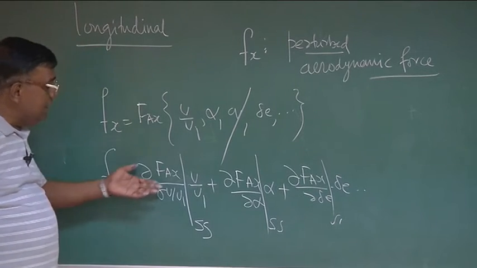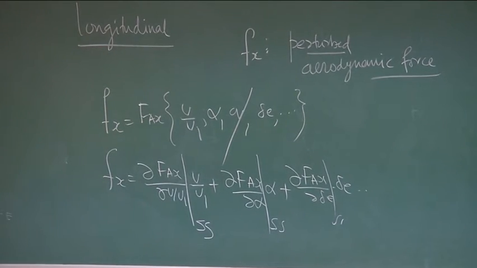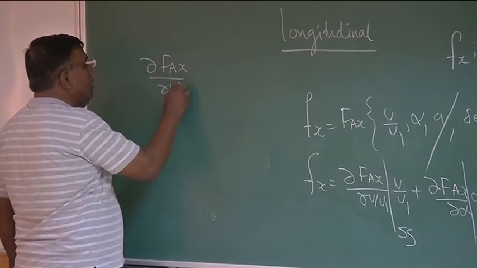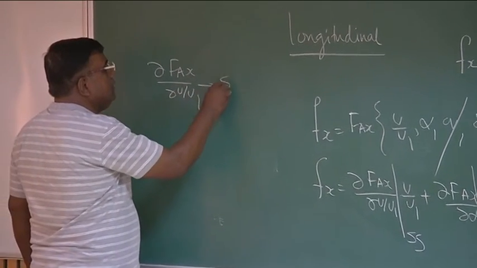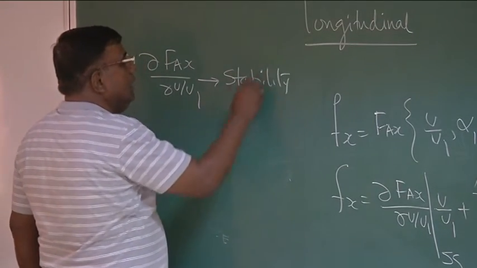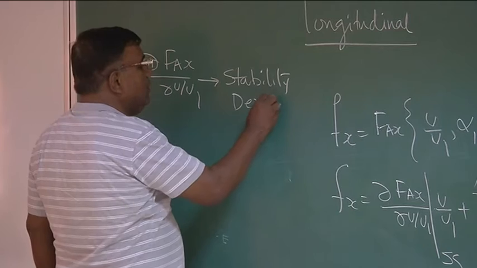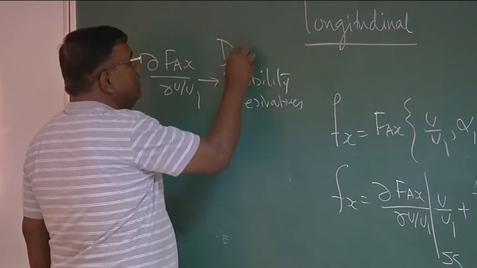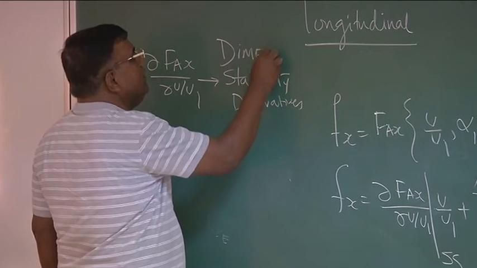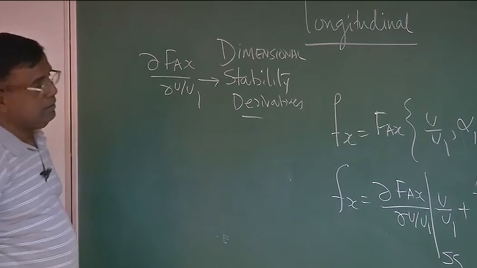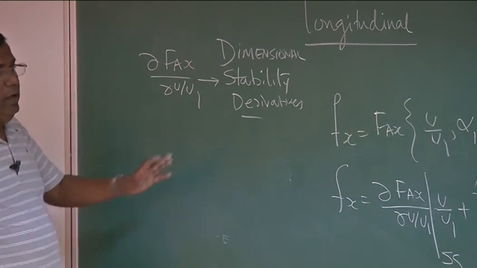And these derivatives, dFax by du by u1 and so on, are termed as stability derivatives. But these are dimensional. That's the catch point. Dimensional stability derivatives, because they have dimensions.